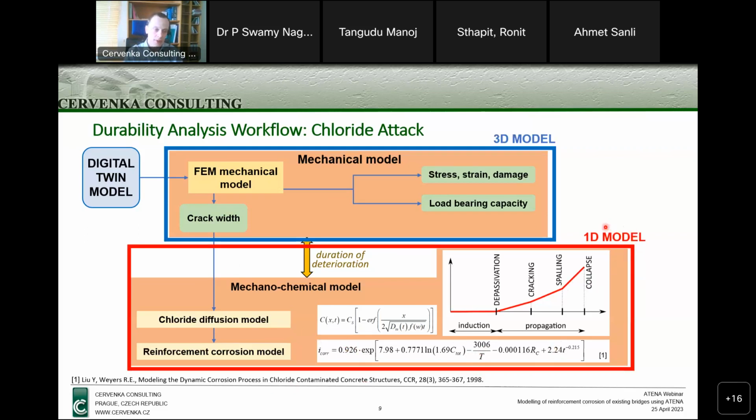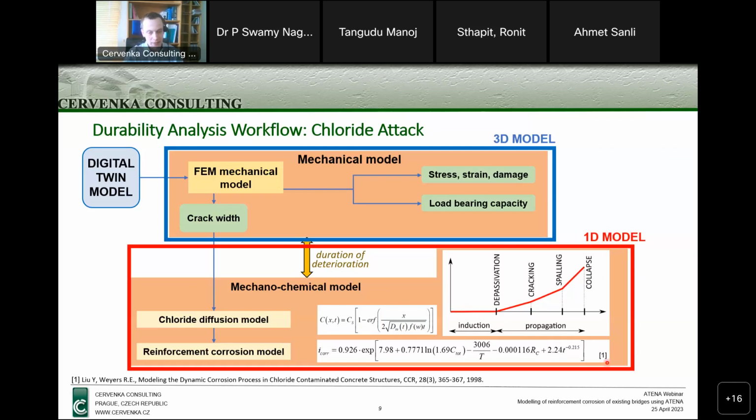One feature of this approach, which is beneficial for the numerical calculation and for engineering application, is that of course the mechanical model is in full 3D.